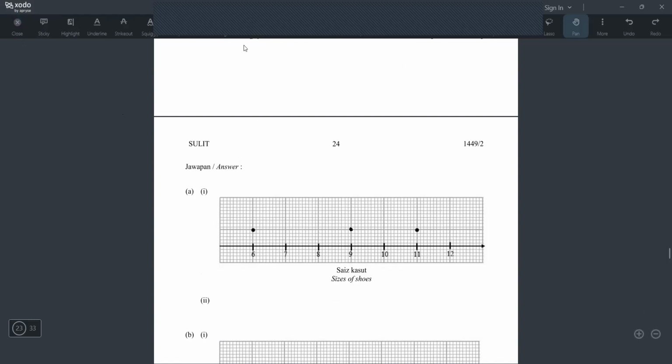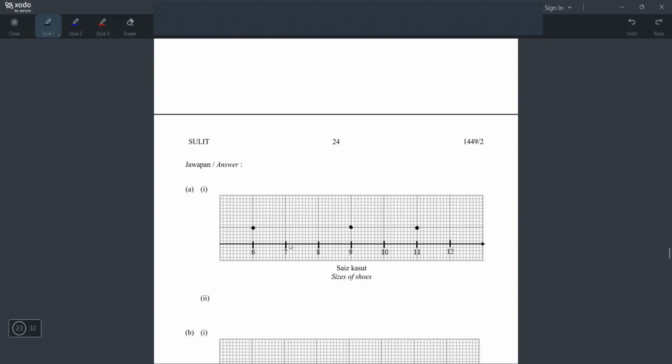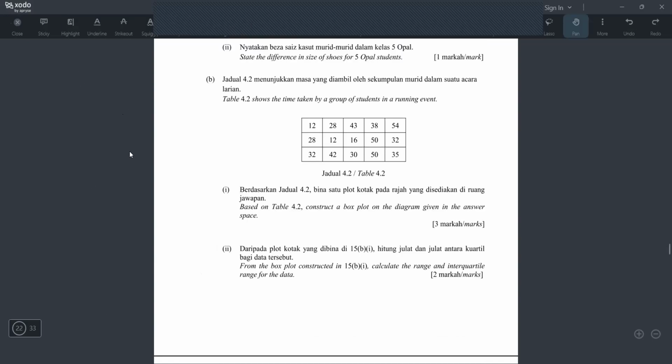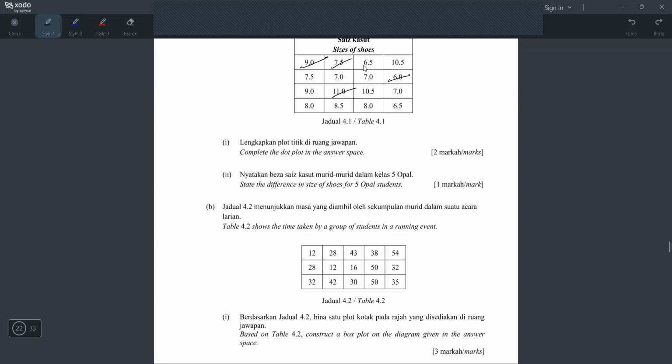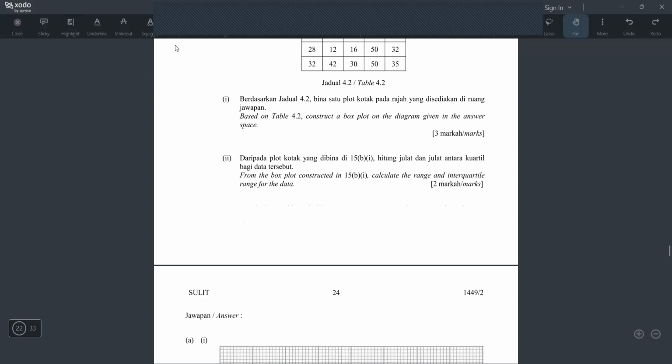Next one, 7.5. Let's go. 7.5 dekat mana? 7 and 8 middle lah. So 1, 2, 3, 4, 5, and then naik sikit. 1, 2, 3, 4. Sini kan? 7.5. Yup. Okay, next one is 6.5, 10.5.